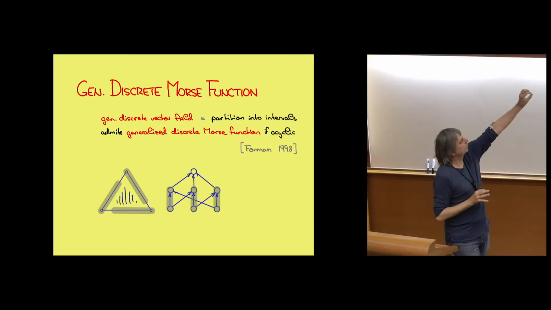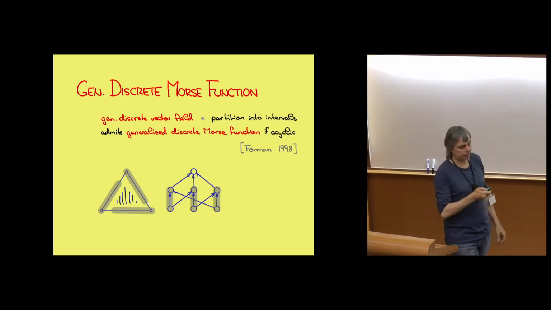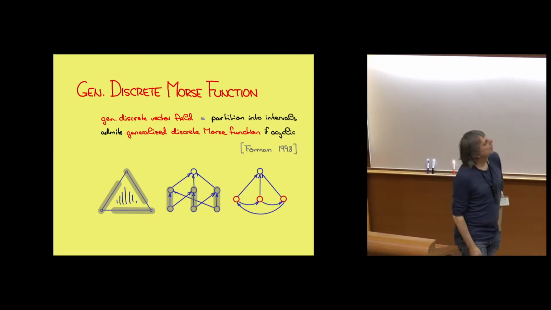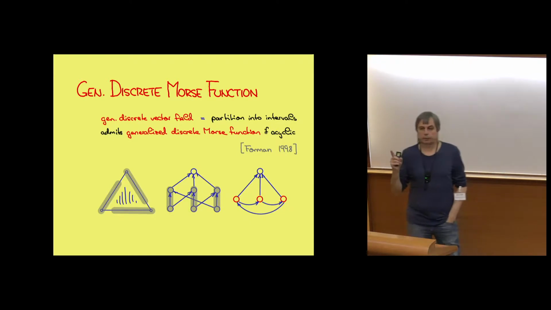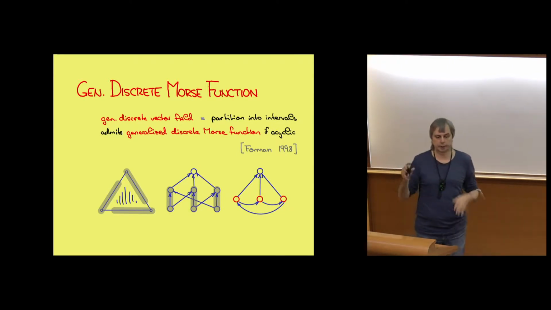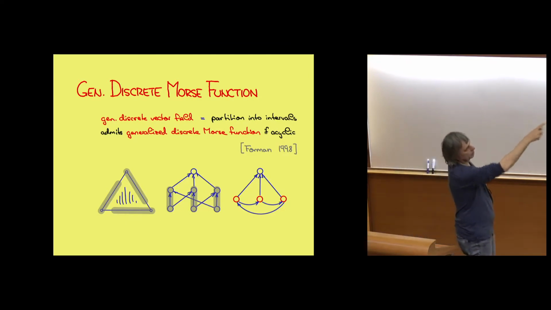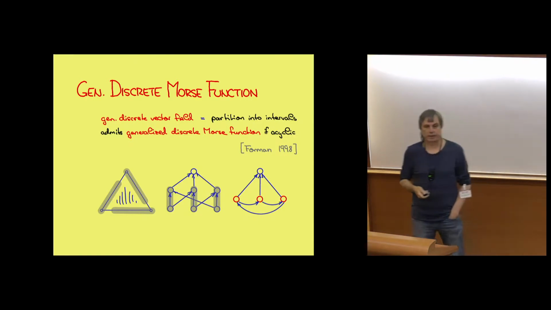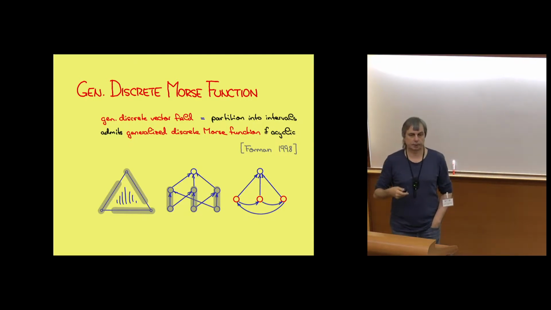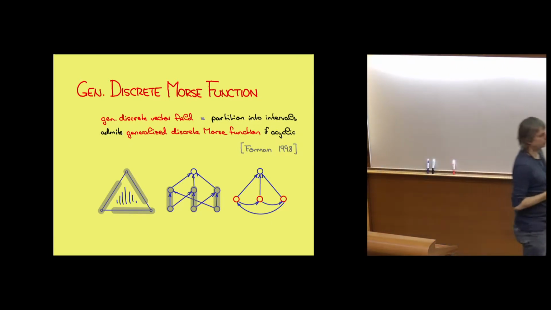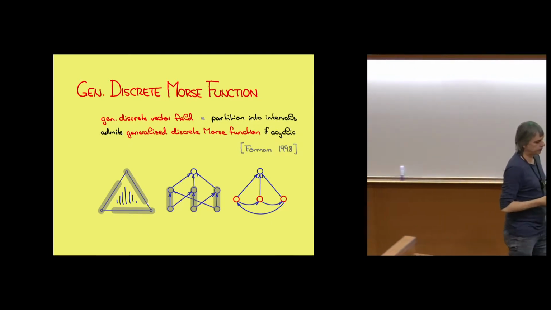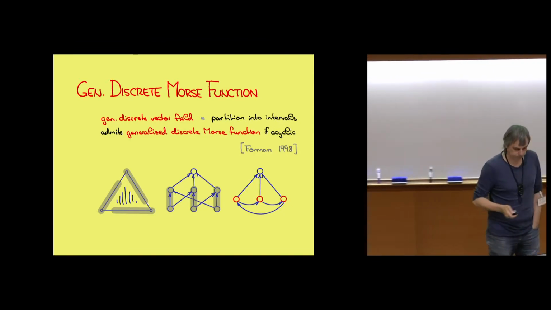So I contract the intervals into nodes, so now I have 4 nodes. And if I have an arc from one interval to another one, meaning from one simplex to another simplex in the second interval, then I draw this arc, and now you see the cycle at the bottom. So this example is not acyclic. Okay, so this is not what we're interested in. We're interested in cases where we don't have cycles.